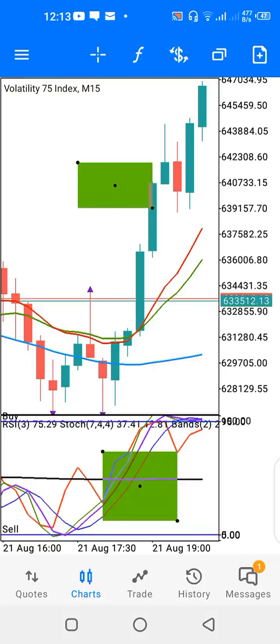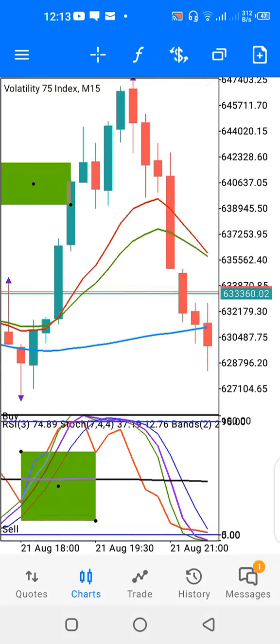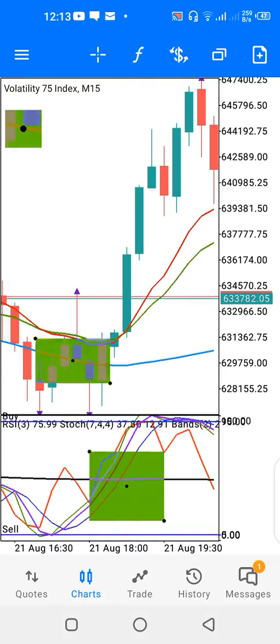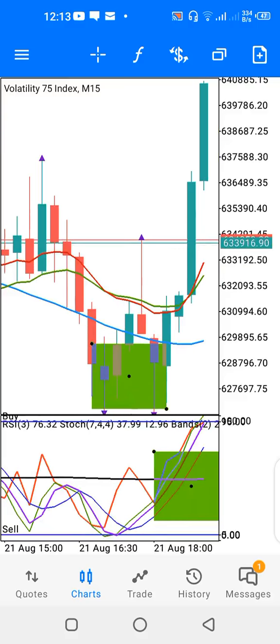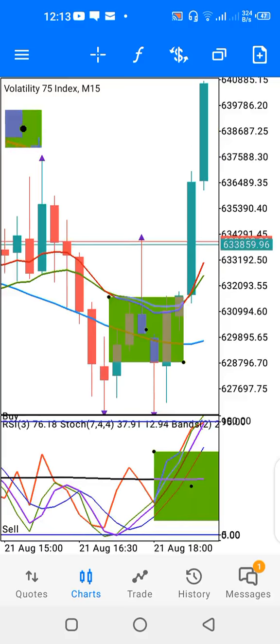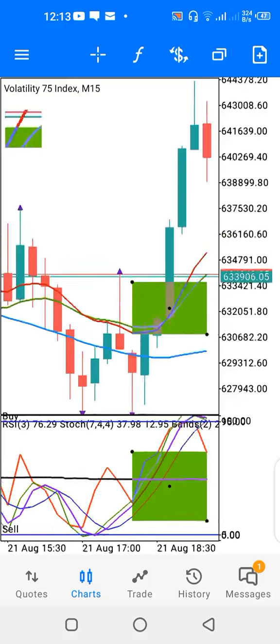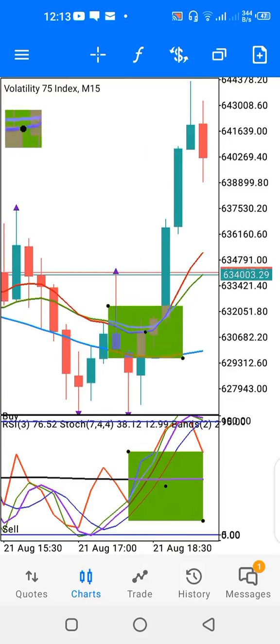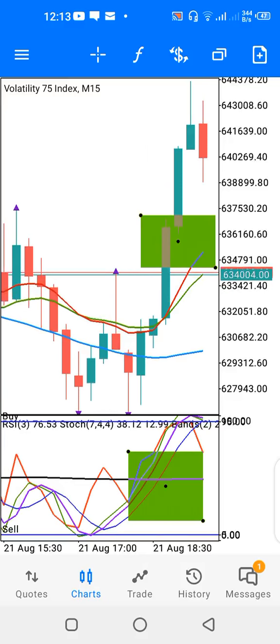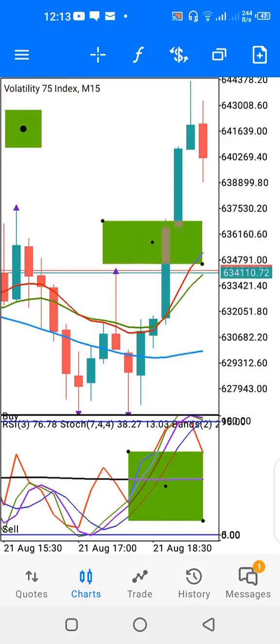So how does this work? When you have price forming like a double bottom, like you have around here, and then you see price breaking above the red and the green moving averages with a price close, this is your buy signal.